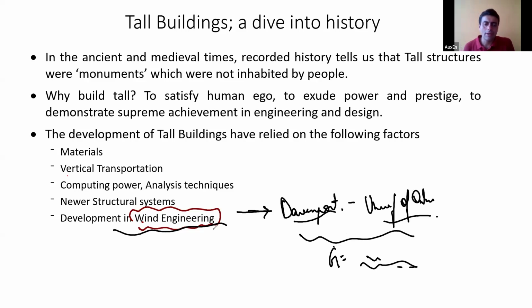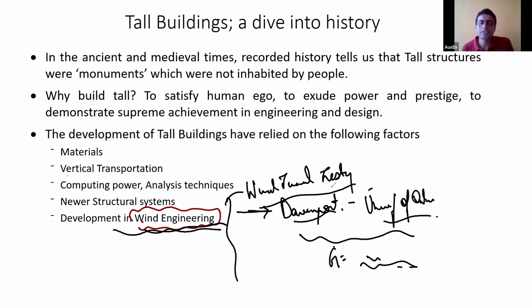So improvement in our understanding about wind, development of wind tunnel testing, led to systems and structures which could be made taller and which could be economically analyzed and designed, because of our improvement in understanding of the effect of wind, its behavior, and also because of the development of wind tunnels.